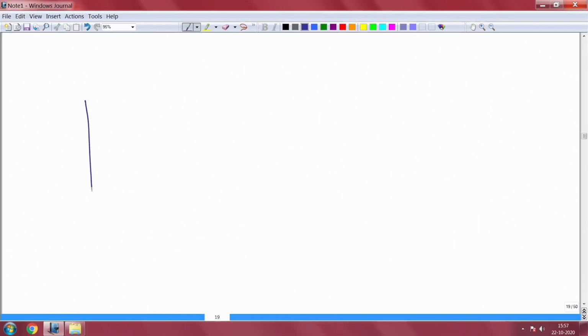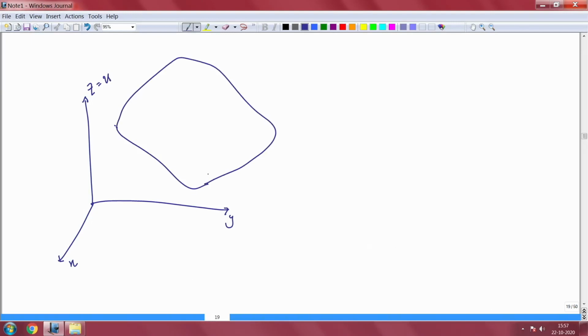So let us try to understand my PDE now. This picture will help you all the time: x, y, u, or z, whatever it is, and you have an integral surface. So what does this equation tell? We have z = u(x,y), that is u(x,y) minus z equal to 0.